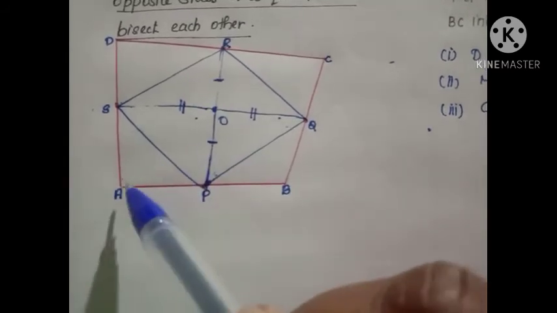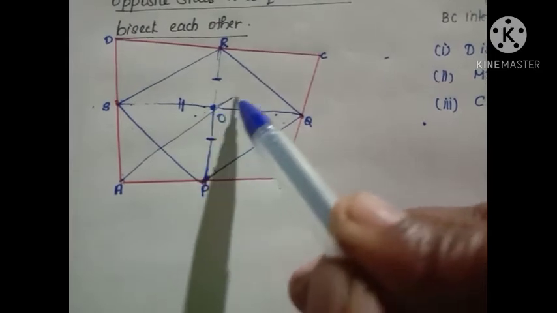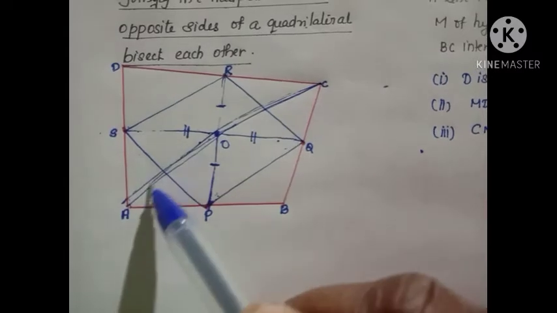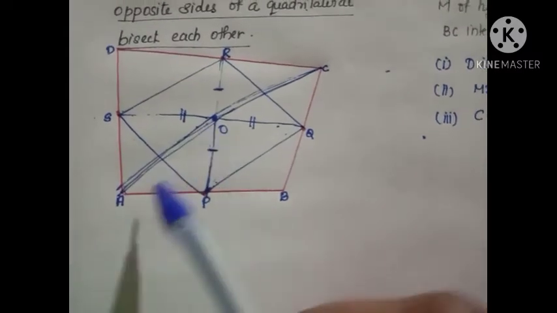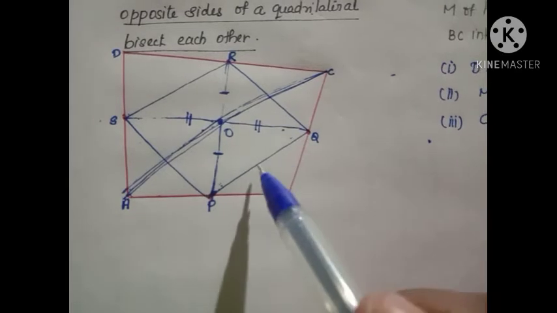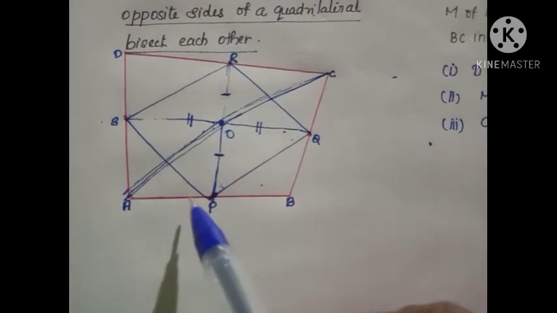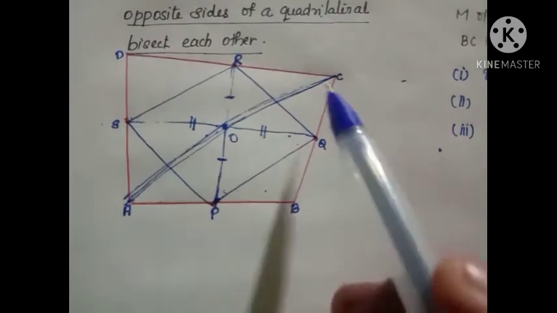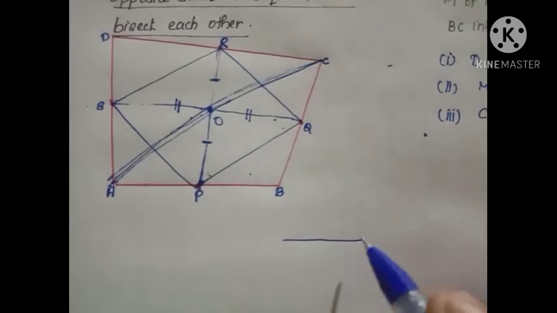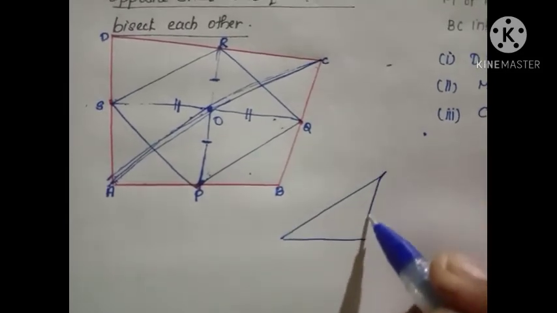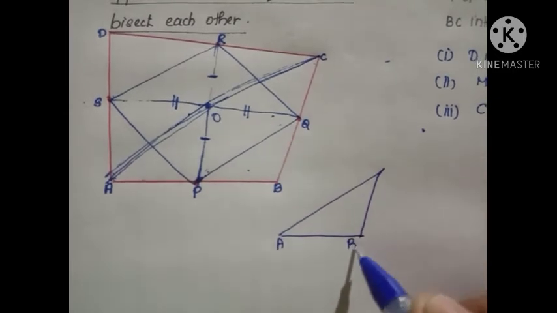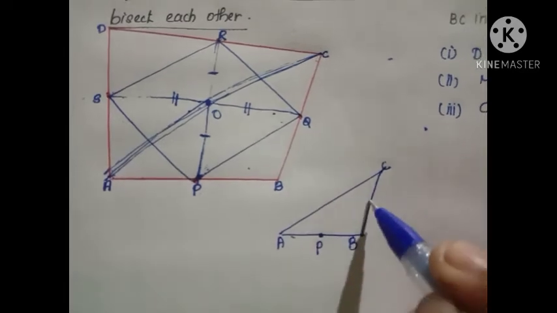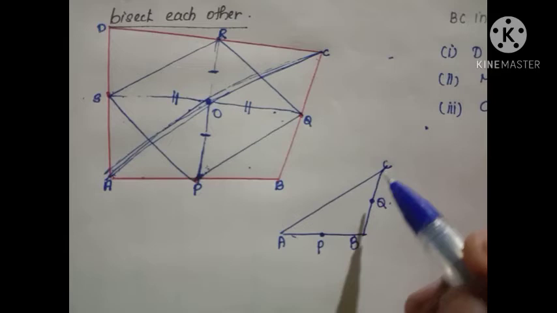So listen, for this, let's join the diagonal AC. If we join AC, this divides quadrilateral ABCD into two triangles. One is triangle ABC and the second one is triangle ADC. Let's see triangle ABC. Here P is the midpoint of AB, Q is the midpoint of BC.